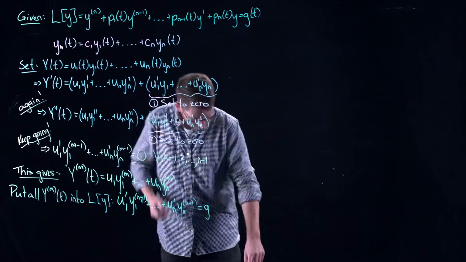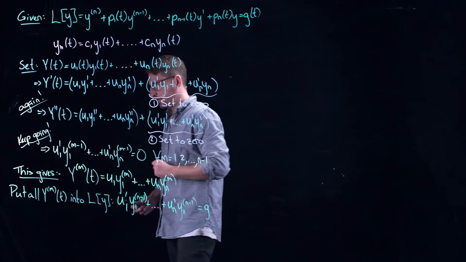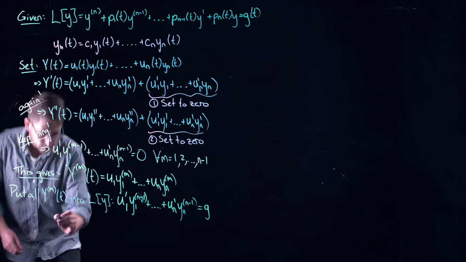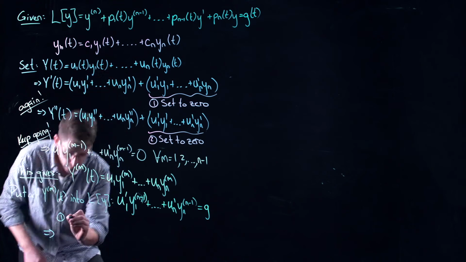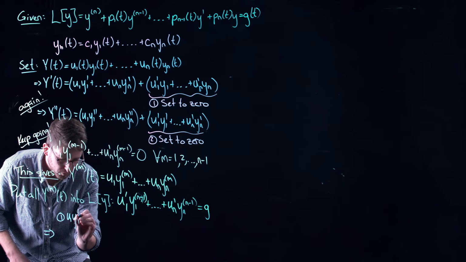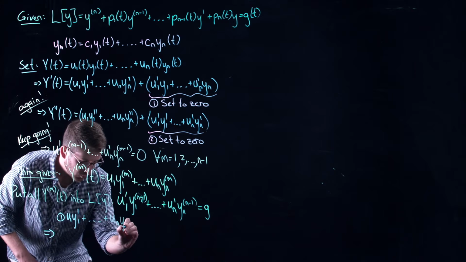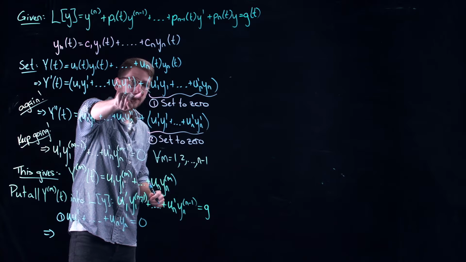So this gives you a lot of equations that you can solve. So let's take a look at what it all gives us. Equation 1 gives us u1 y1 prime all the way up, un yn prime. This is equal to 0. That's the first thing that I said.